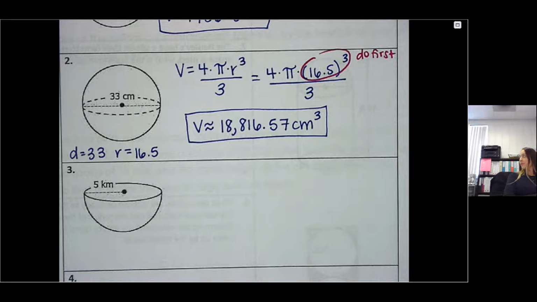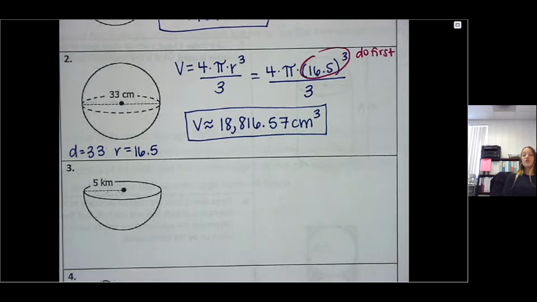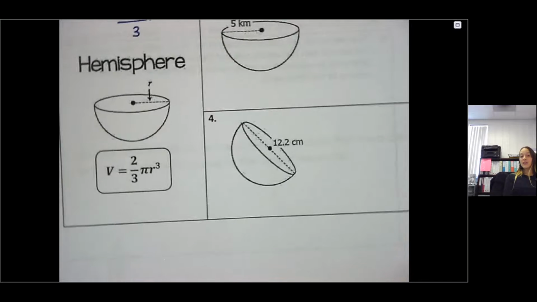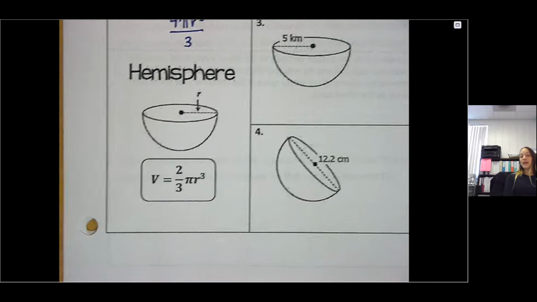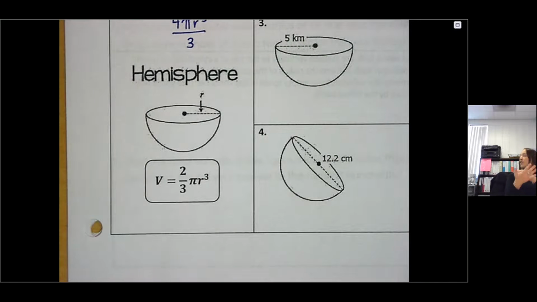Wait, for hemispheres, would you do the same formula, but at the end you would divide it by 2? So you've got two choices. For hemisphere, that is one choice, what Sarah just said. You can take the formula for sphere, finish the whole problem, and then take your answer and divide it by 2. That is definitely a choice.